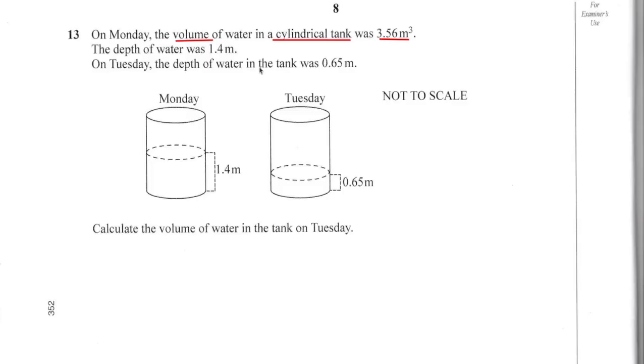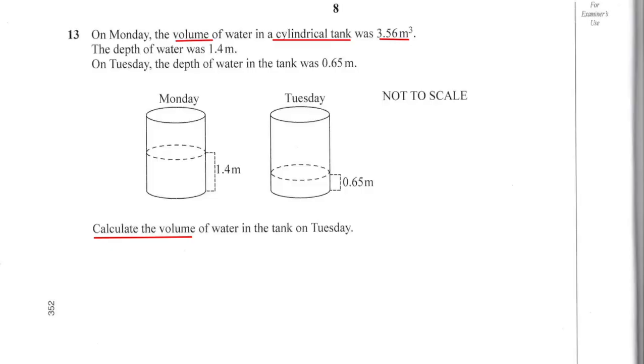Now on Tuesday, the depth of the water in the water tank was 0.65 meters. Now the question is requiring us to calculate the volume of the water in the tank.